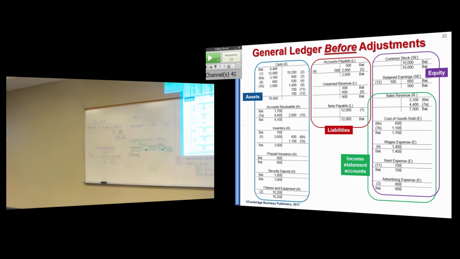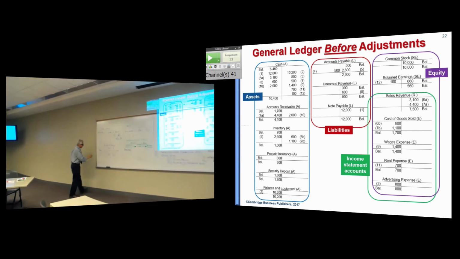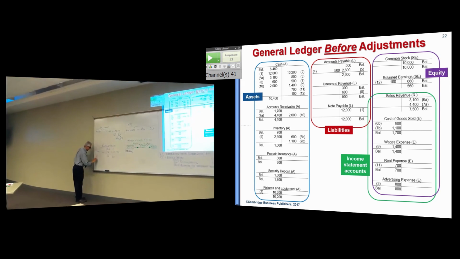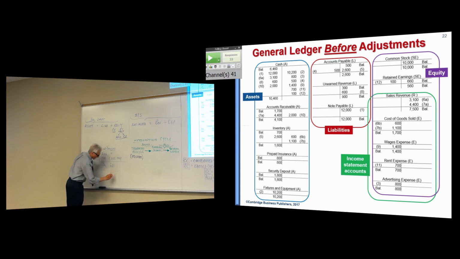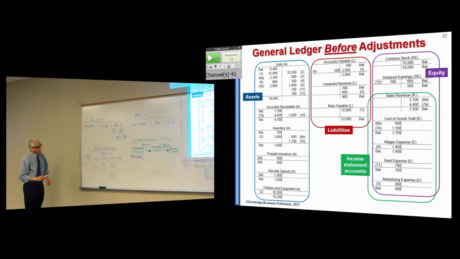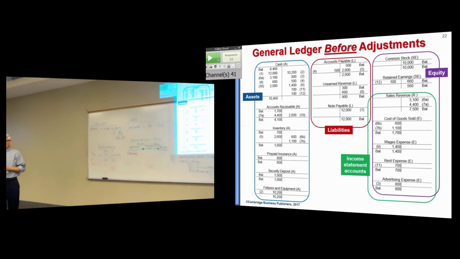Now, so far in June, we paid dividends of 100, and right now we have 560. That balance does not reflect the income for the period.